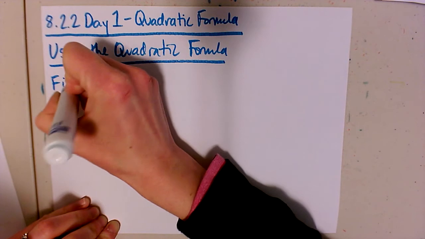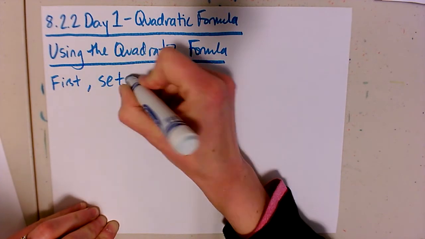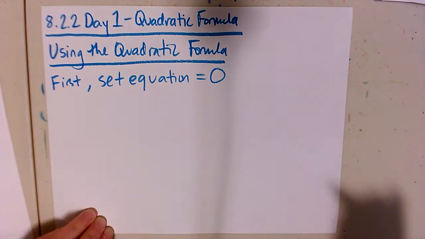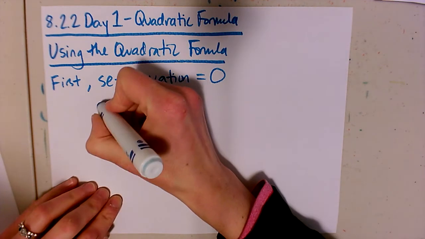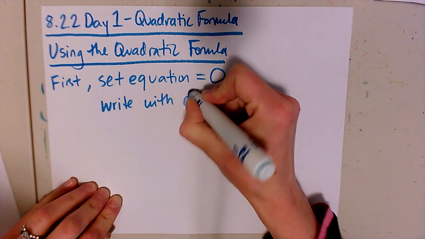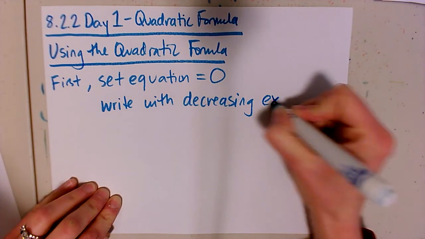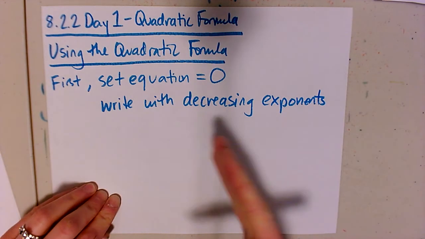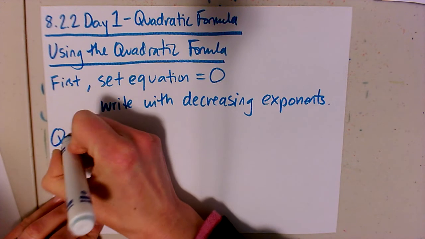First we're going to set the equation equal to 0, so we get everything on one side, 0 on the other side, and then we want to write with decreasing exponents. So we want our exponents to be going downhill: squared exponent, x to the 1, and then our constant term.